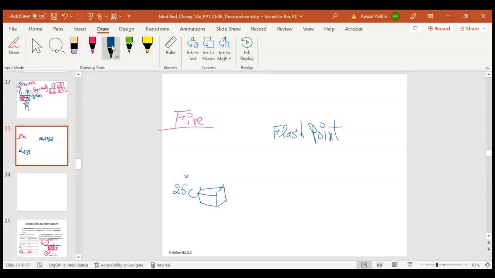Now, if the temperature keeps increasing and reaches the flash point, a flame is going to appear there. That means the piece of material I have here will have a flame. Let's say the flame is right in here, it starts burning here.